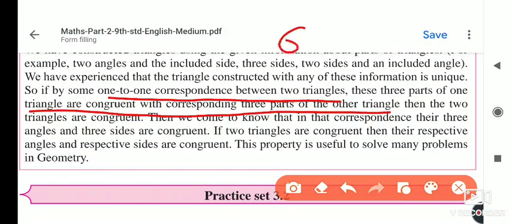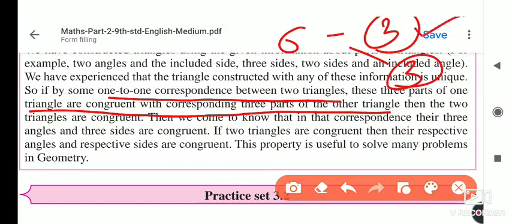Out of these six parts, three we use for showing the correspondence. If these three are congruent to those of the other triangle, then what happens to the remaining three?